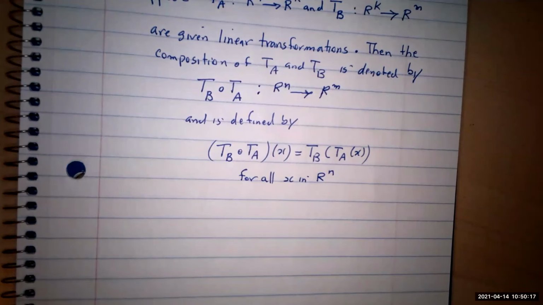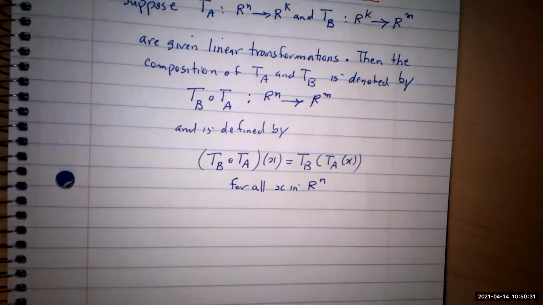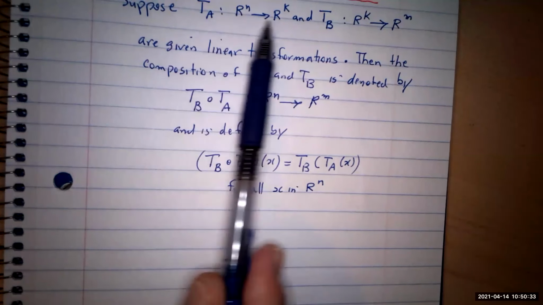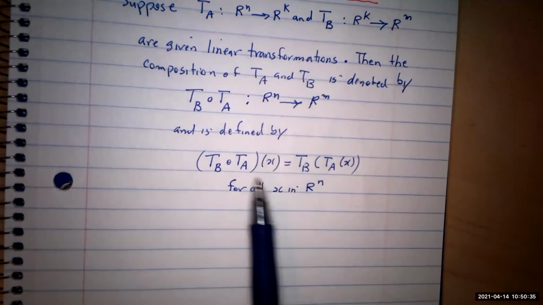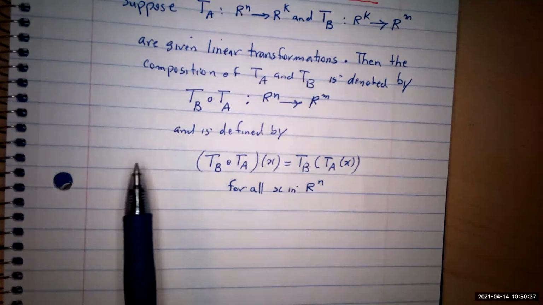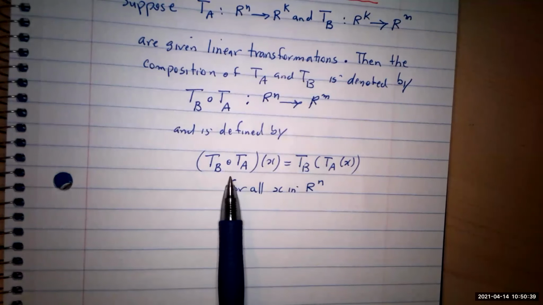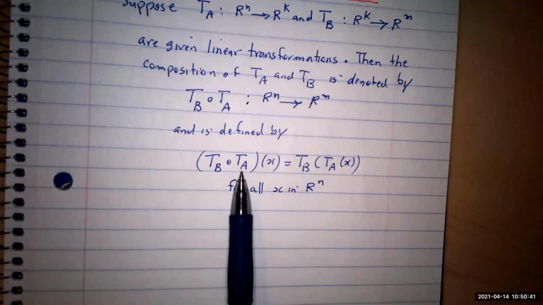In calculus, you're done at this point. But this is linear algebra, so we want to show that this is a linear transformation. The result is so far just a function, but we are going to prove that it is also a linear transformation.